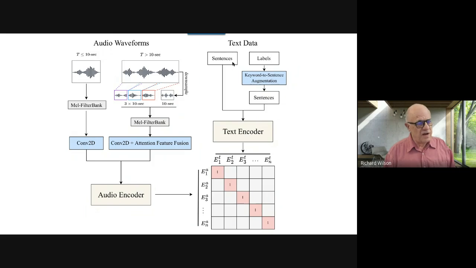On the text side, you notice they prefer sentences, not labels and phrases. So if the WAV file has just a label, they expand it out into a sentence and then go into the text encoder, again into a 512 by 1 space.